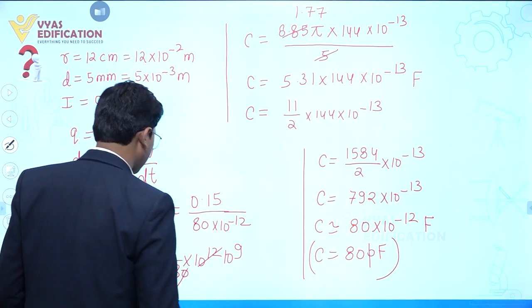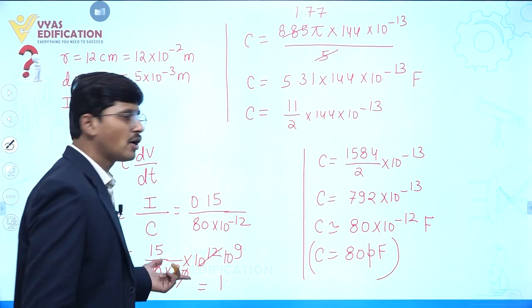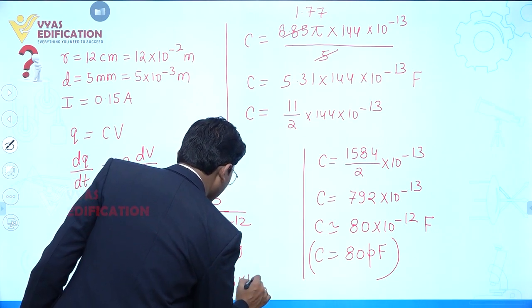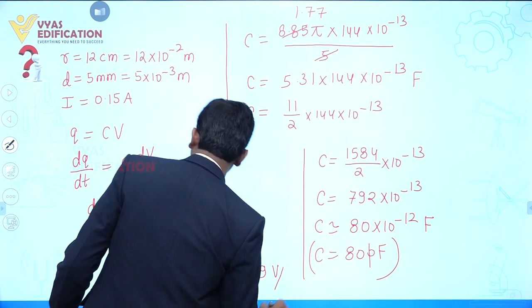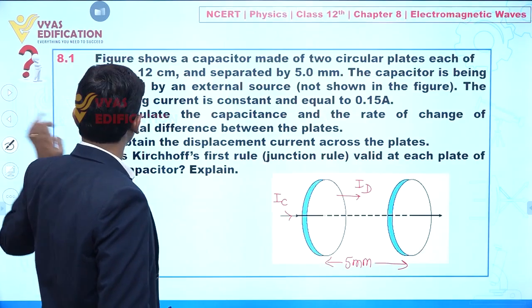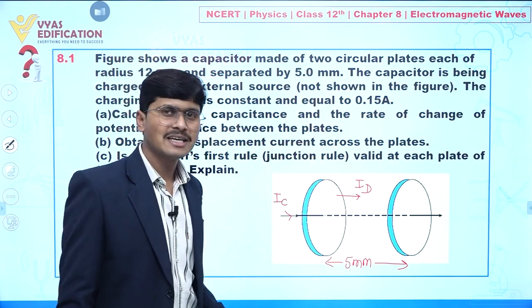So from here we can write this as 1.8 into 10 to the power 9, and this is volt per second, clear. So this is the answer of rate of change of potential difference between plates, clear to everyone?